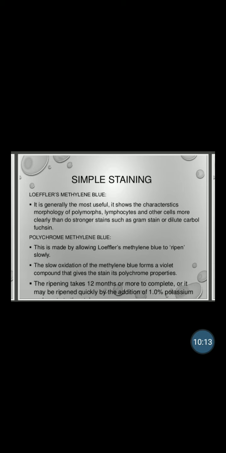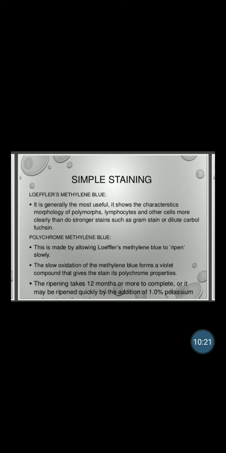First, Loeffler's methylene blue. It is generally the most useful. It shows the morphology of polymorphs, lymphocytes and other cells more clearly than stronger stains such as Gram stain and dilute carbolfuchsin.